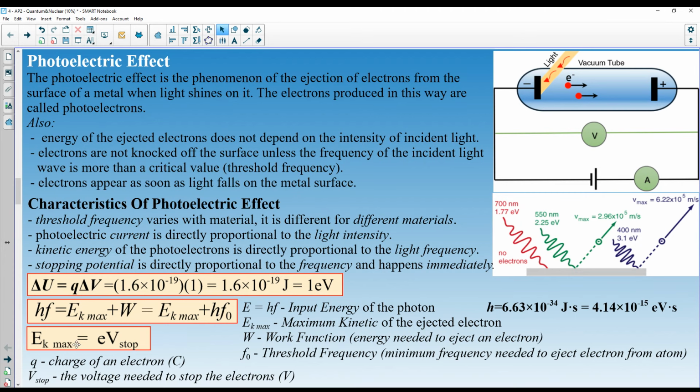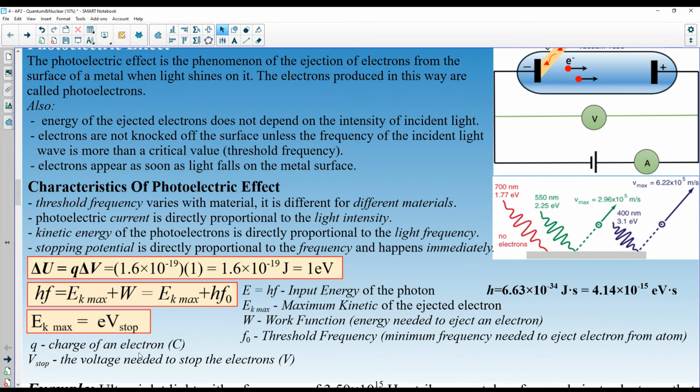Sometimes you will hear or see the stopping energy or potential needed to stop the electrons. The voltage that you would apply between these two plates, if the electrons are bombarded and you don't want them to get across, you want to stop those electrons so they don't get through.